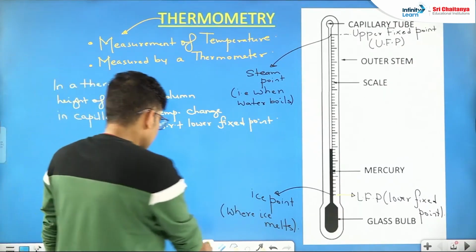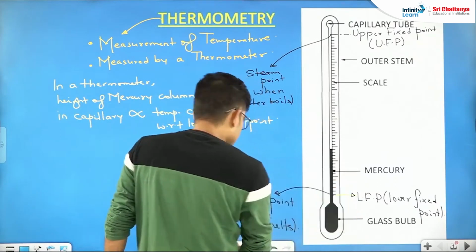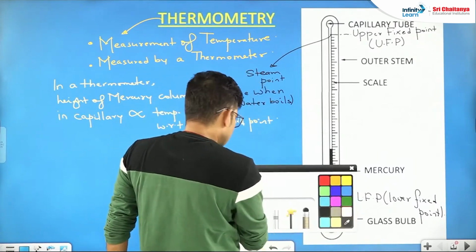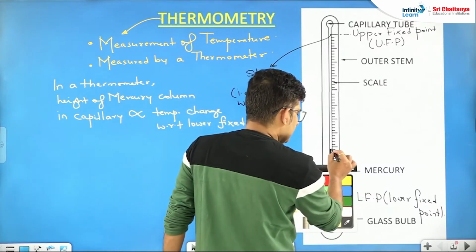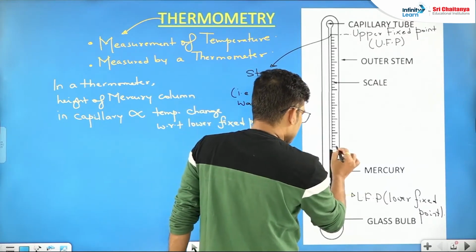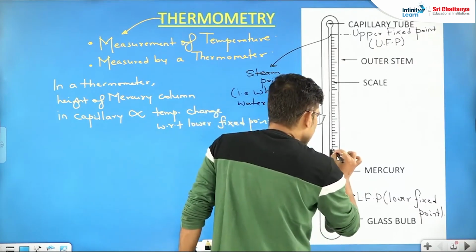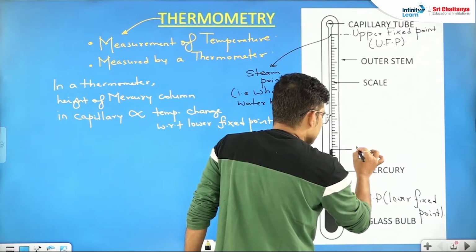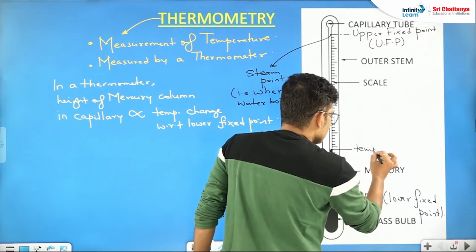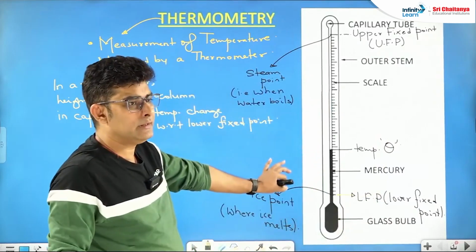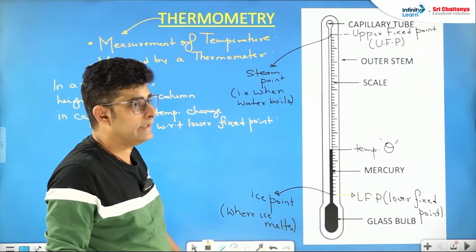Now here you can see that this temperature, suppose I am taking, the mercury has risen or gone to a particular height. So let's take this temperature as theta. I am not giving it any units, I am just saying that this temperature is theta.